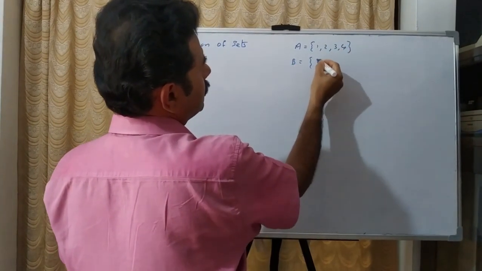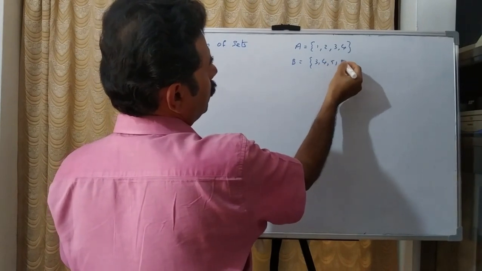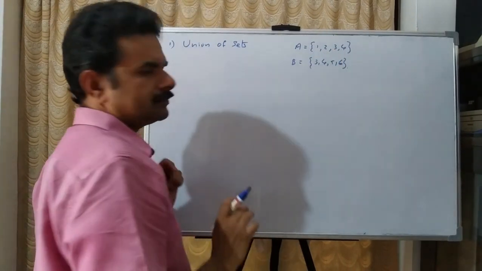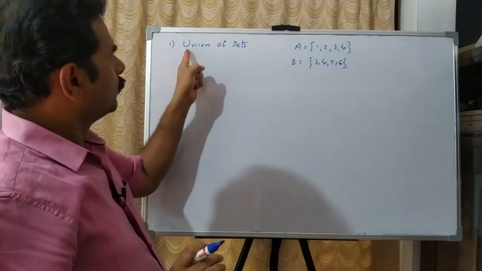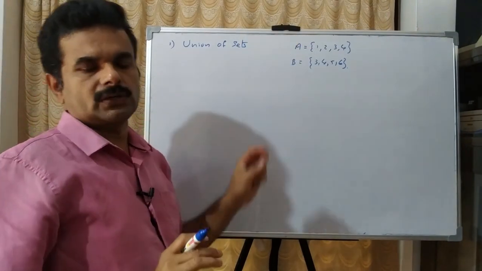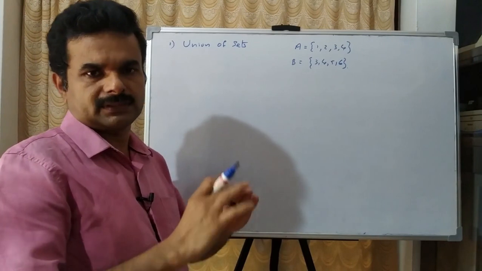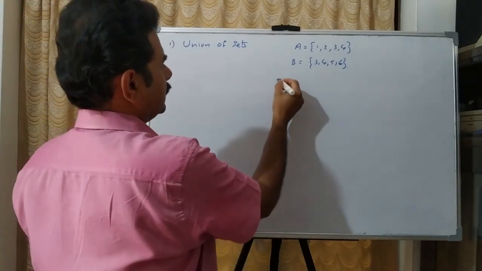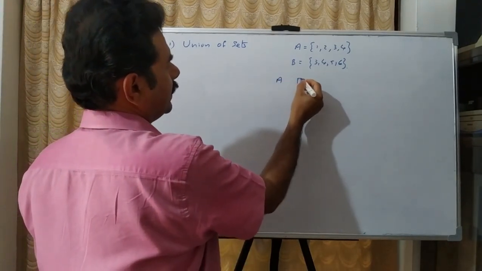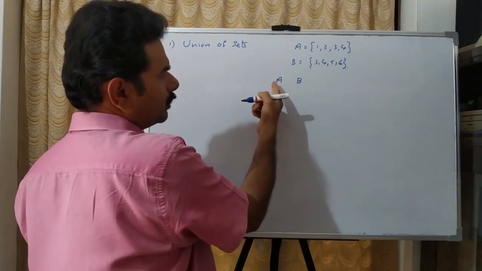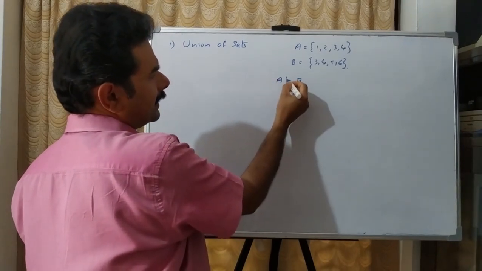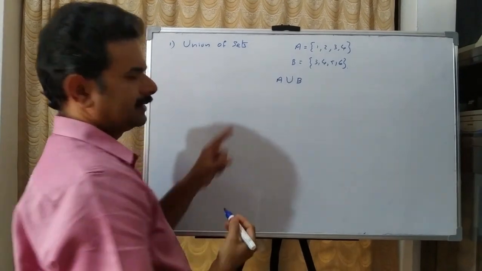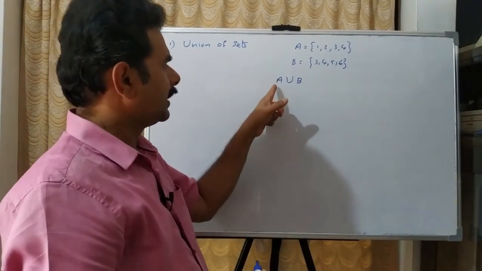B is equal to the set {3, 4, 5, 6}. Then the union of these two sets. Union means what? Combining, joining. A and B, these are two sets. Then the union of A and B is written with the capital U symbol, A union B.